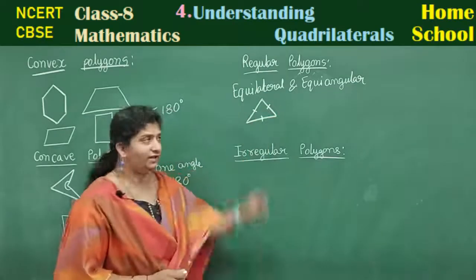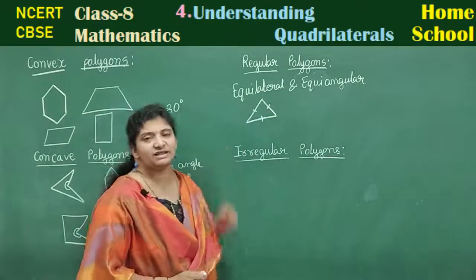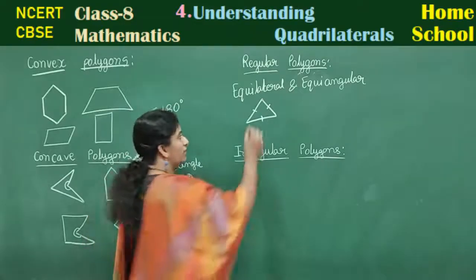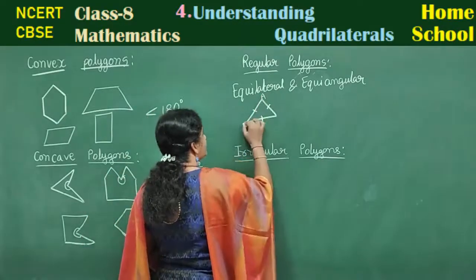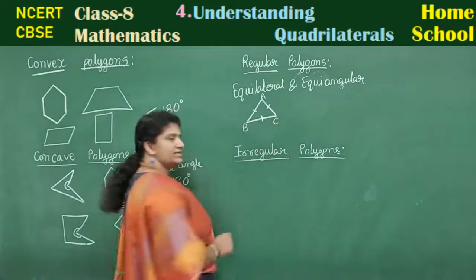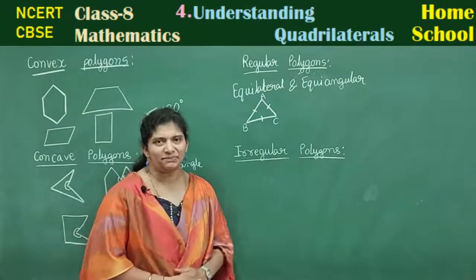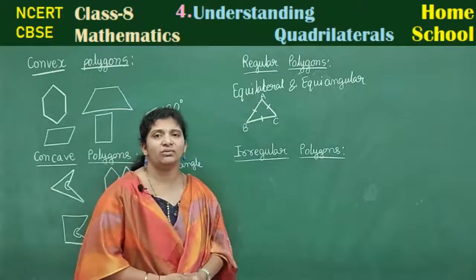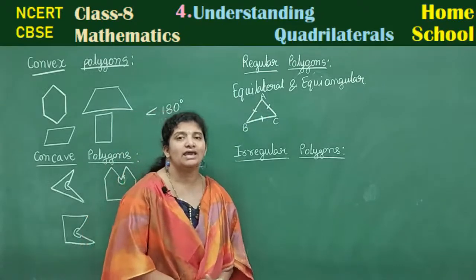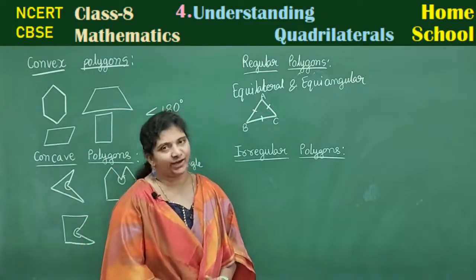It shows that these line segments' lengths are equal. Look here, I have taken an example of a triangle ABC where AB equals BC equals CA. All three sides are equal. We call it an equilateral triangle.